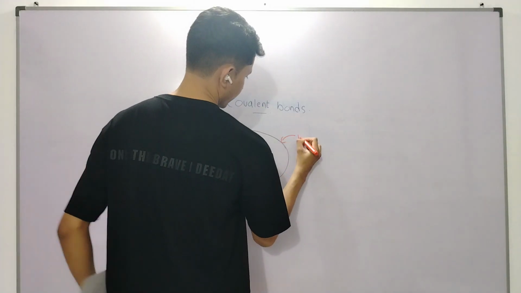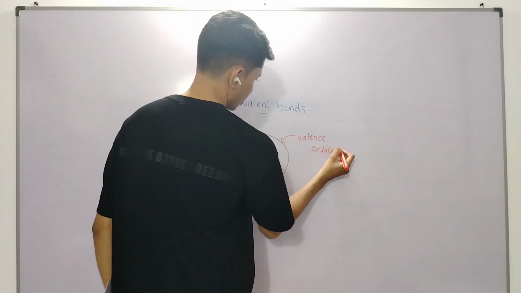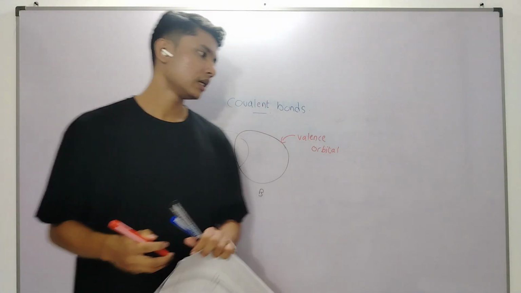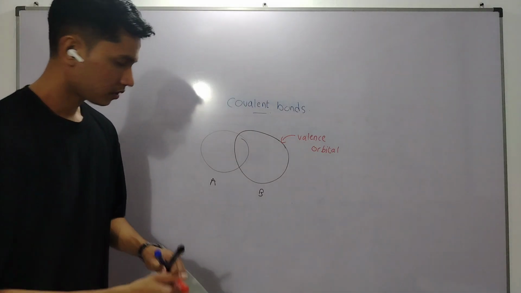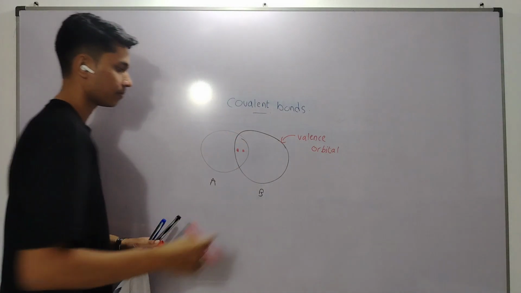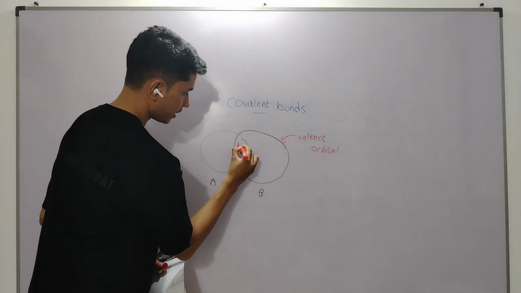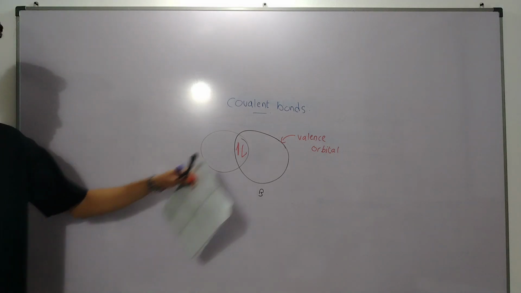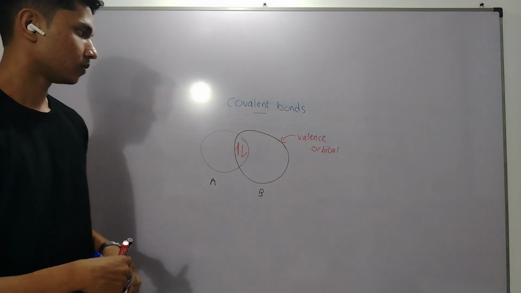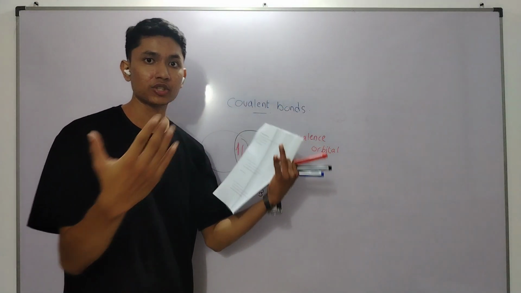This is a valence orbital. So valence orbital means the outermost energy shell of an atom. This is the electron of A. This is the electron of B. This is how we denote it in O levels, and in A levels we denote it like this. This is the electron shared from A, and this is the electron shared from B. So in order to form a covalent bond, the valence orbitals of two atoms should overlap.